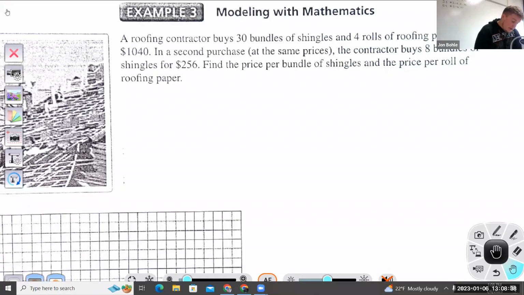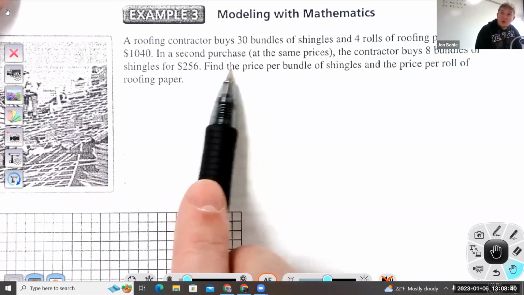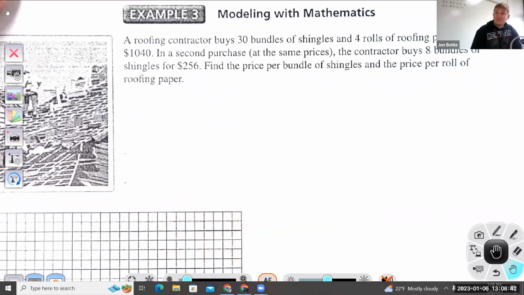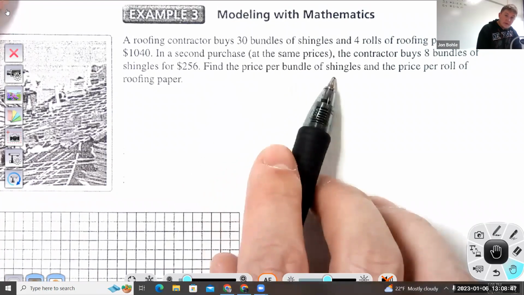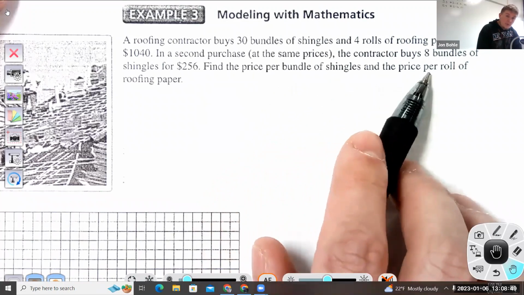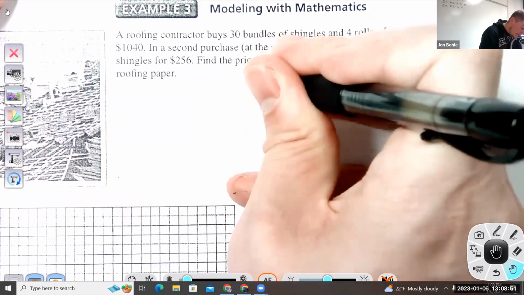Okay, so the request from the problem is what the variables mean. I don't know what the price per bundle is, and I don't know what the price per roll is. That's what I'm going to find out.